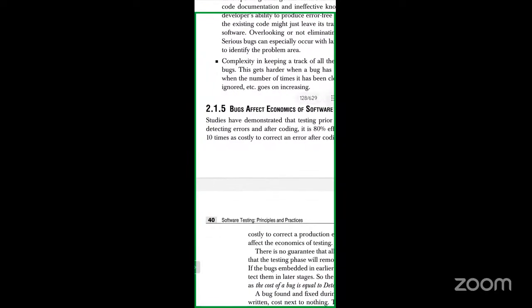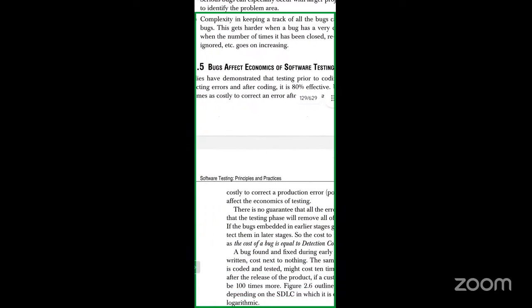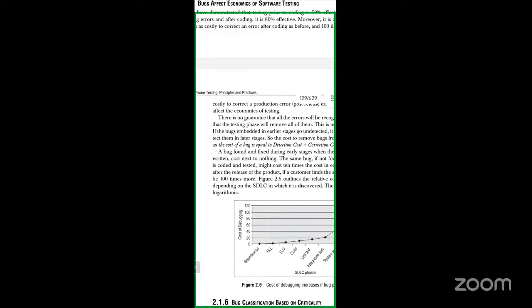So here the bugs affect the economics of software testing. Whenever we get any kind of bugs, errors, or defects, we need to overcome them with the help of solutions. For those solutions, we are going to be charged a cost, right?